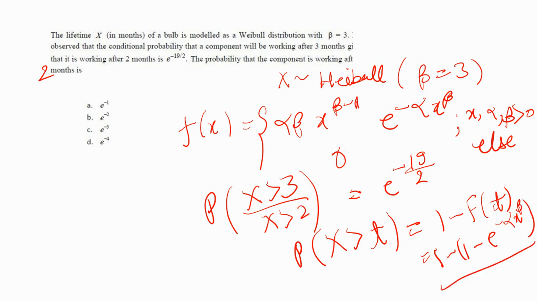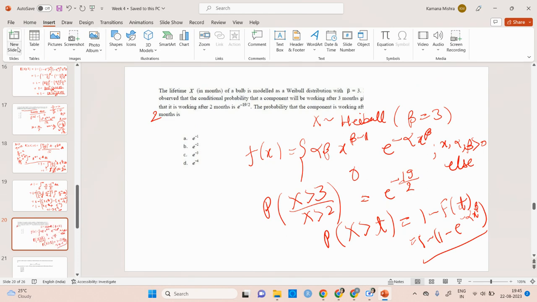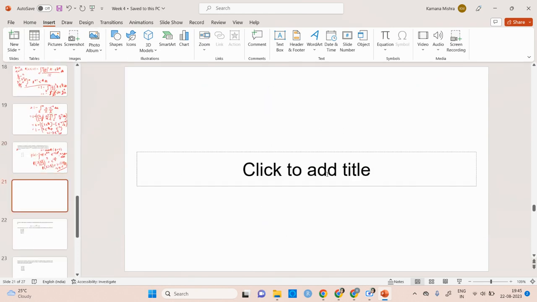So when you do the lectures, you will get all these formulae. So it will basically be e to the power minus alpha t to the power beta. So the probability x greater than t will be e to the power minus alpha t to the power beta.